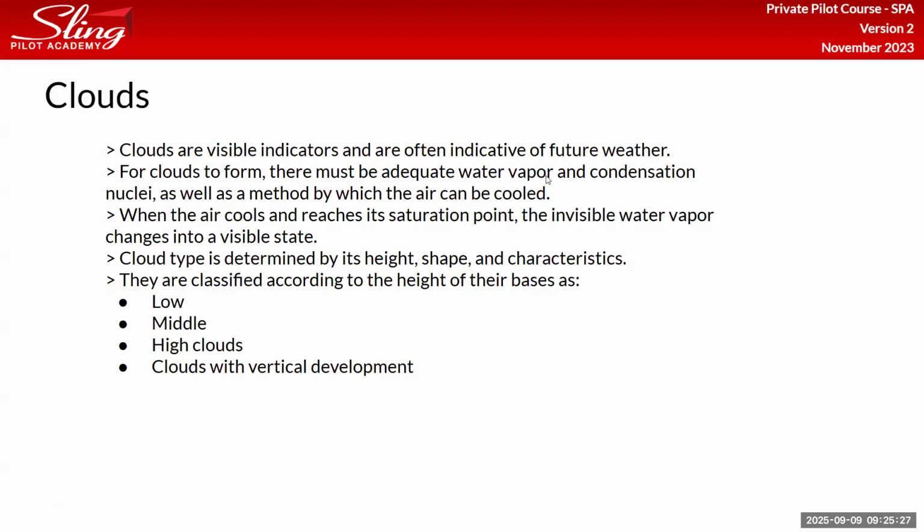You need visible moisture and condensation, and a method by which the air can be cooled. So the air has to be cooled to reach its dew point, and then the water vapor condenses and forms clouds. And we're talking about clouds because they're visible indicators of future weather.